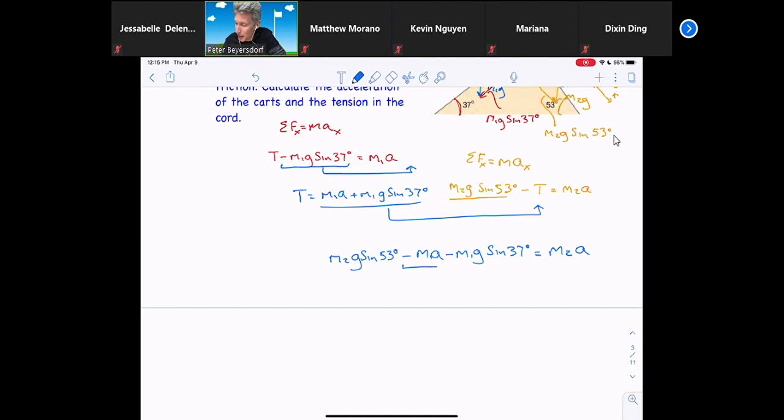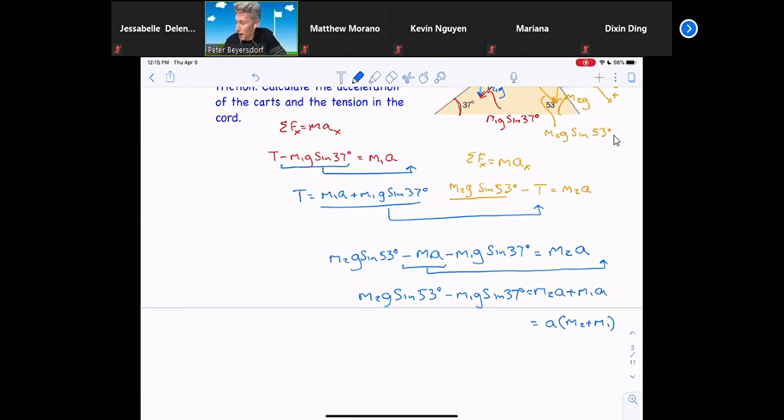So let me take this term that has acceleration and I'll add it to both sides. So that on the right, I have m2a plus m1a. And then what that leaves on the left will be this. And on the right, I can factor out the acceleration because it's common to both terms.